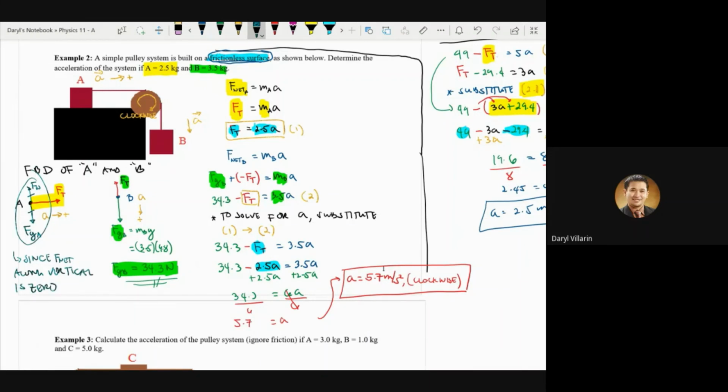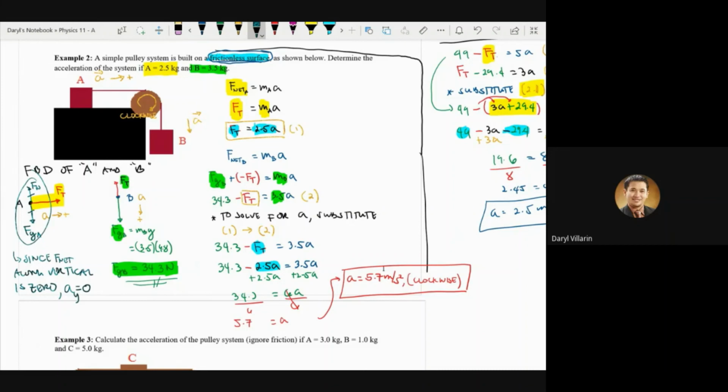So a is also 0 along the vertical. ay is also 0. So you don't have any motion along the y. The motion is only along the horizontal. So object A will just move to the right or to the left, not vertically. So again, I didn't bother solving for Fga.